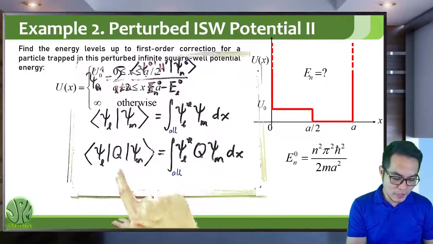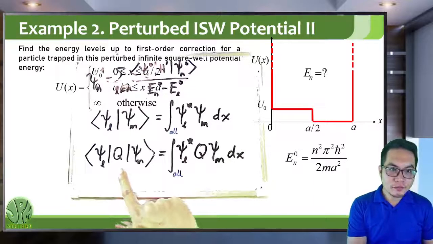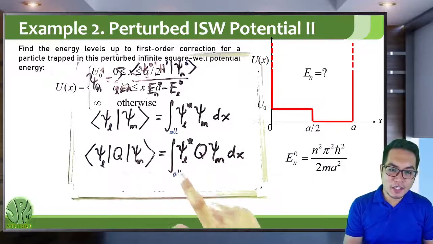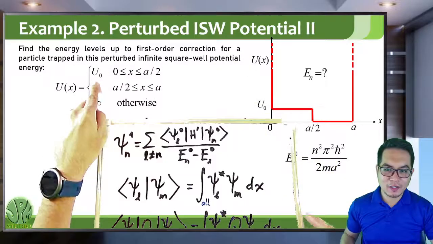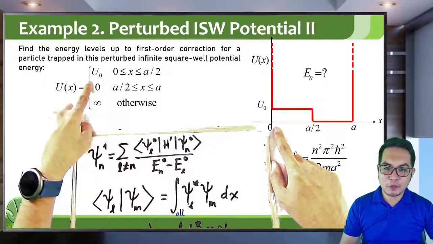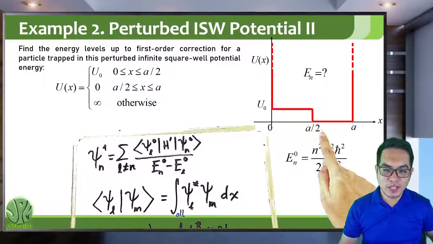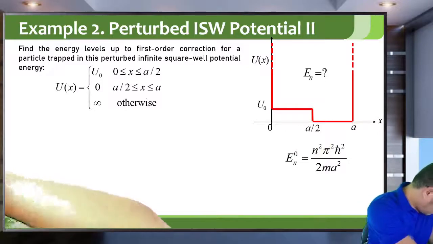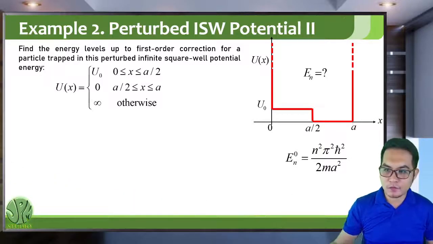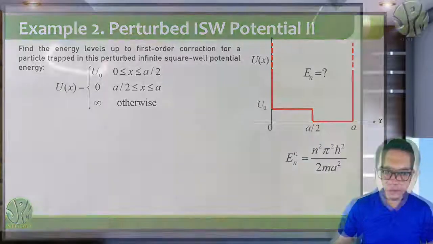Our H' is actually still U_0, but the perturbation is only from 0 to a/2. So when we solve for the first order correction, I'm just gonna go to my board mode.